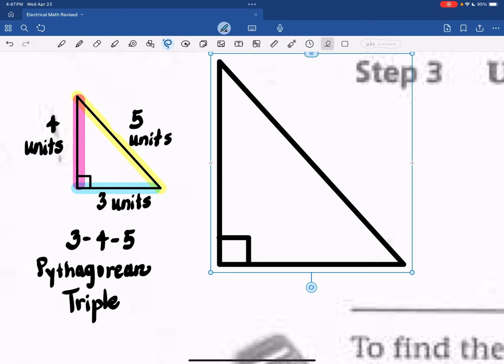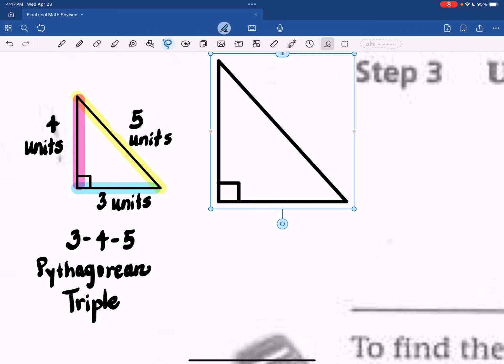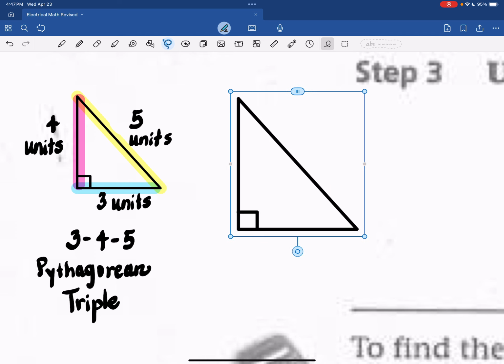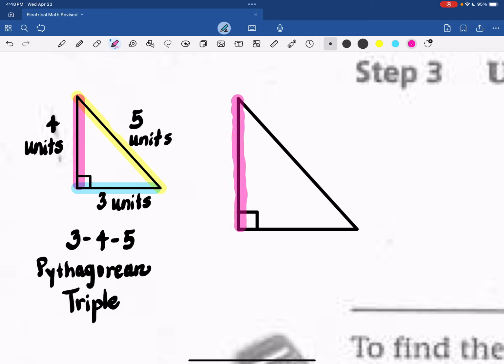So what if I enlarged the 3, 4, 5? So this is a similar triangle. It kind of looks like the mama triangle, if that first one is the baby triangle. So let's say that I want to enlarge my triangle into this one. And I tell you that this side is 10 units.